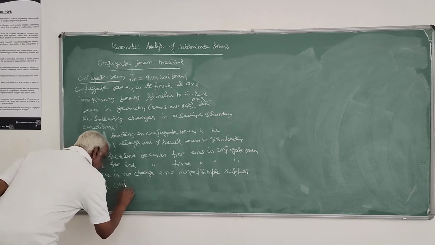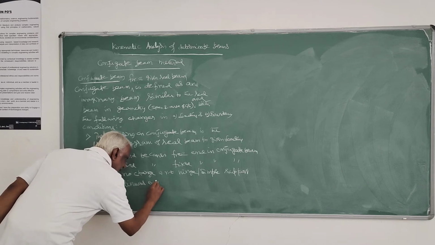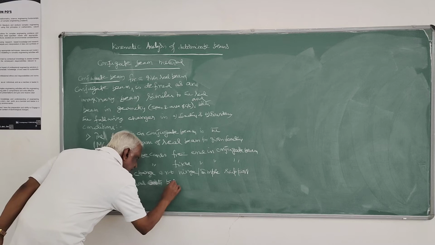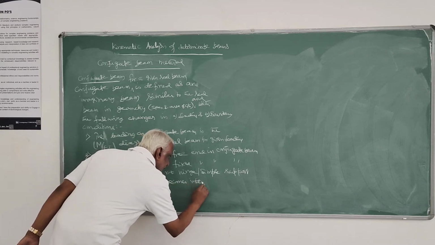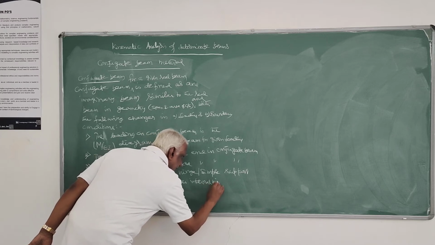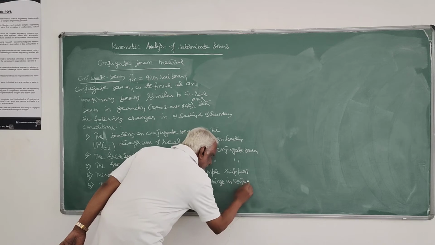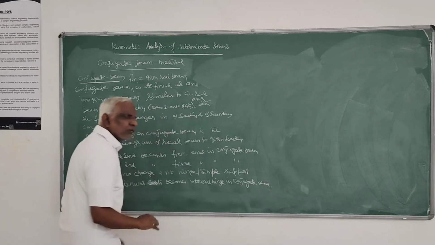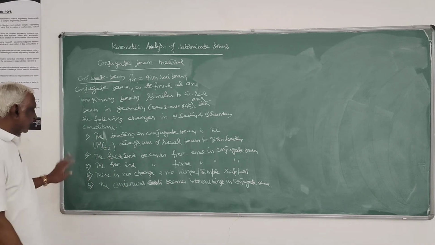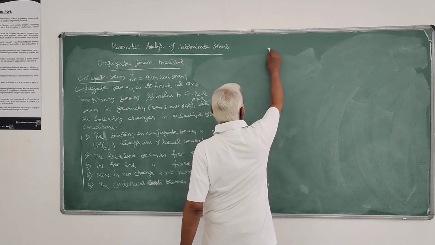The continuous ends or joints become an internal hinge in the conjugate beam. Or vice versa, an internal hinge becomes continuous. So this you can remember.